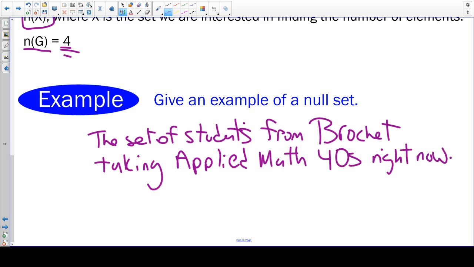That is a null set because there's no elements that go in that set.